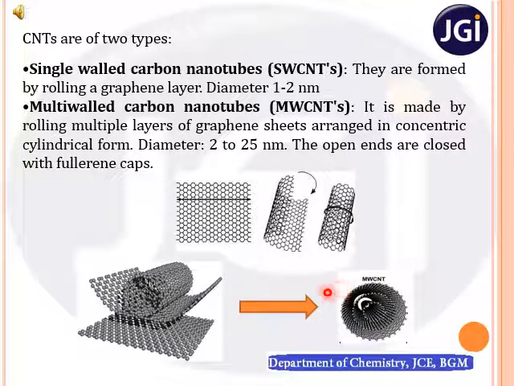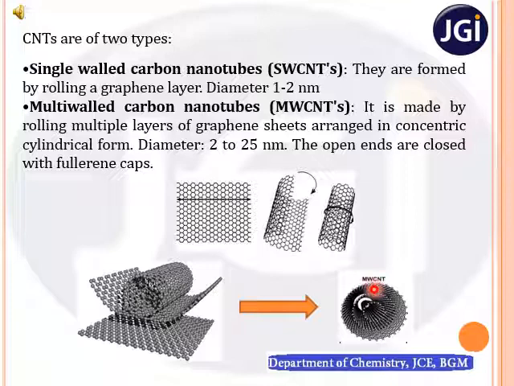The number of graphene sheets may be 2, 3, 4 or more depending upon the requirement. The sheets are rolled into nanotubes in concentric cylindrical form, and such nanotubes are called multi-walled carbon nanotubes. Multi-walled means more walls; single-walled means only one wall.